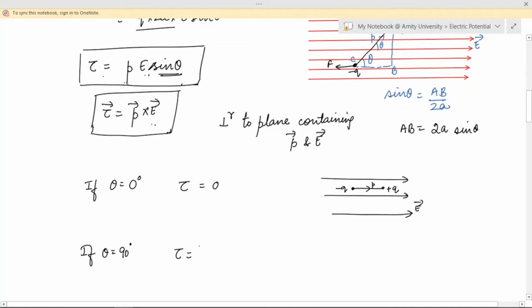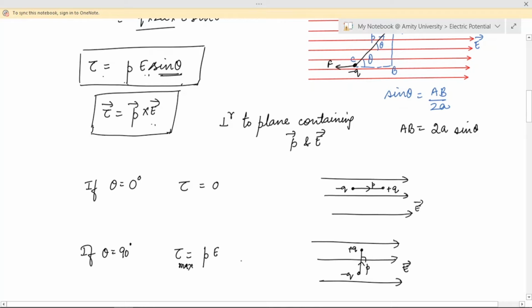So if theta is 90, we get the value PE, which is the maximum torque. How to represent it? This is an electric field again, and this is a dipole, plus q and minus q, with dipole moment P perpendicular to the electric field, and in that case torque will be maximum.